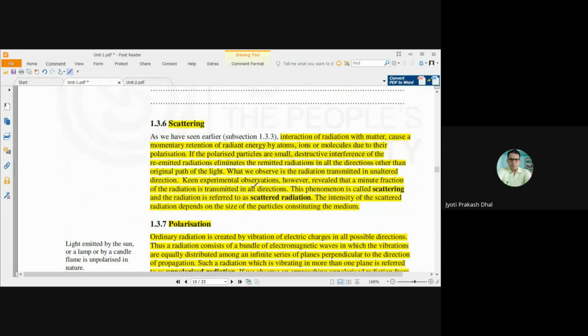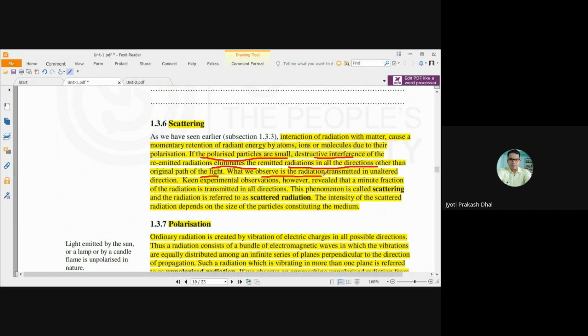Now coming to scattering. The interaction of electromagnetic radiation with matter causes retention of the radiant energy by the atoms, ions or molecules due to their polarization. If the polarized particles are small, then destructive interference eliminates the re-emitted radiation in all directions other than the original path of the light.